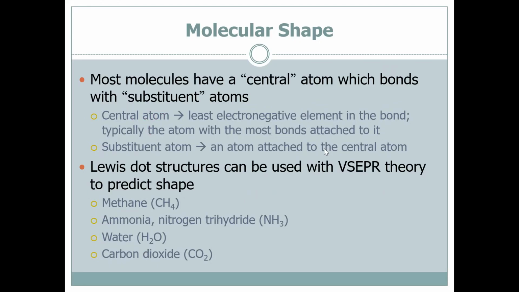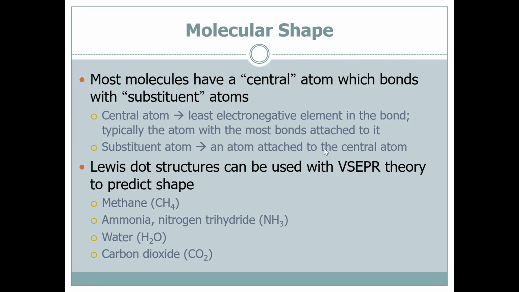And actually, when you have rather large compounds, every atom that is a central atom will have its own potentially unique geometry. The substituents, that's a fancy word for the atoms that are attached around the outside, can tell us what the central atom is going to look like around it.